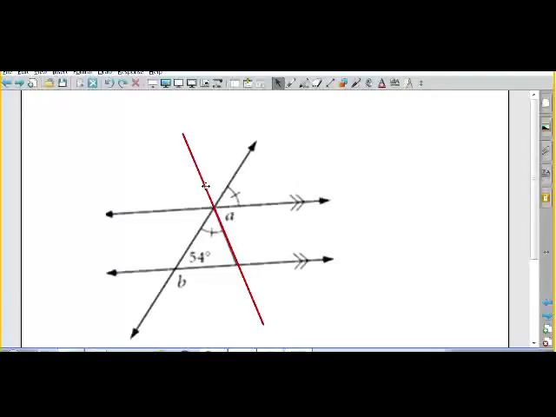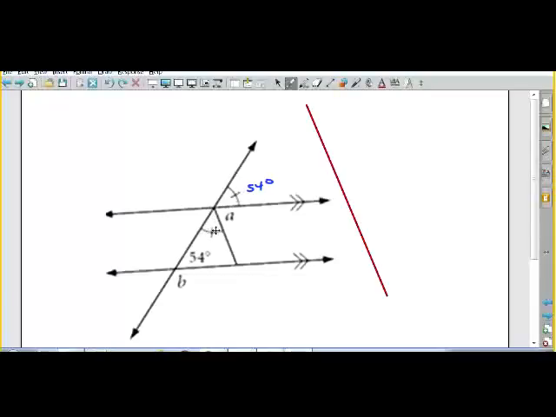Again, you almost have to ignore this line for a while, which I put in there. So we just ignore this particular part, and this is a small angle associated with these two parallel lines. This angle and this angle are corresponding angles, and therefore they are equal to each other. So this one is 54 degrees.